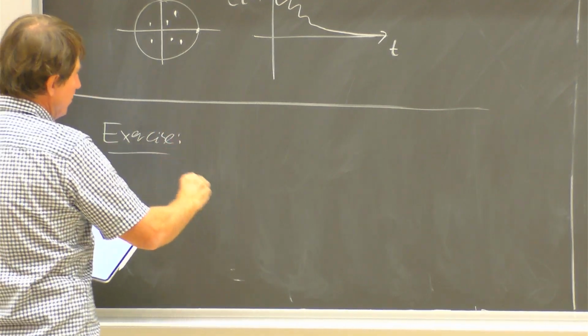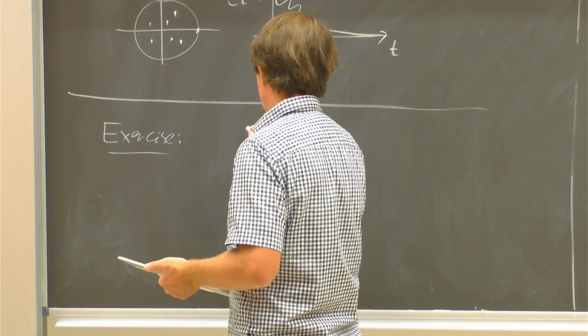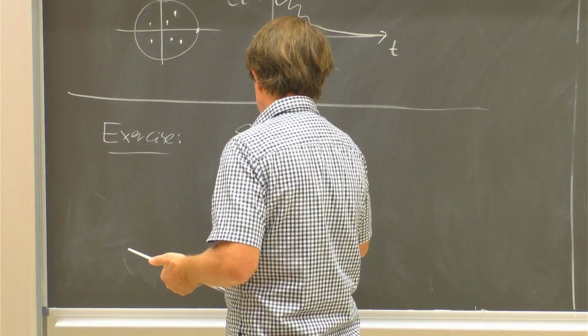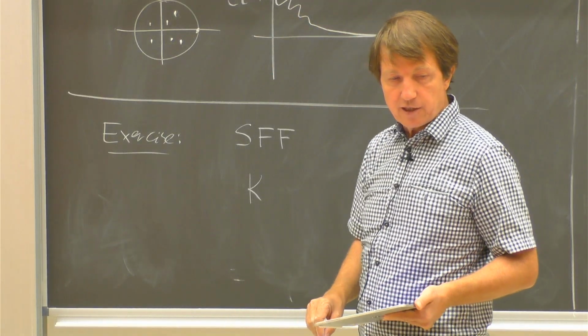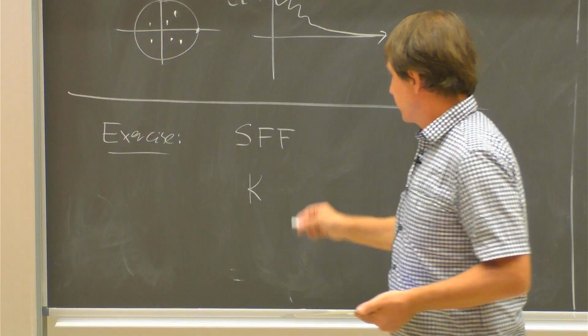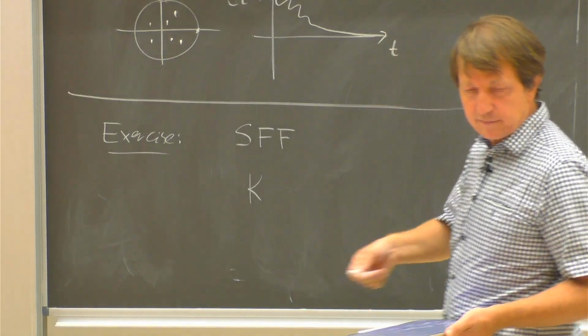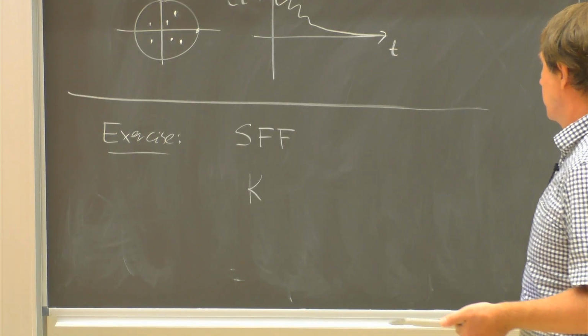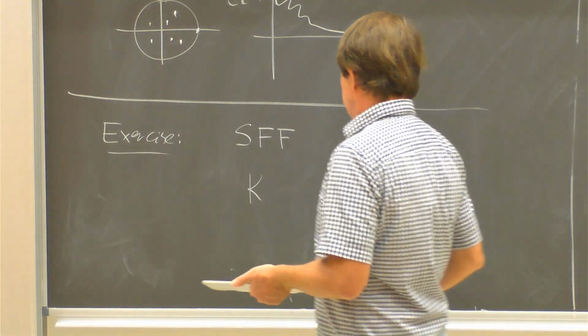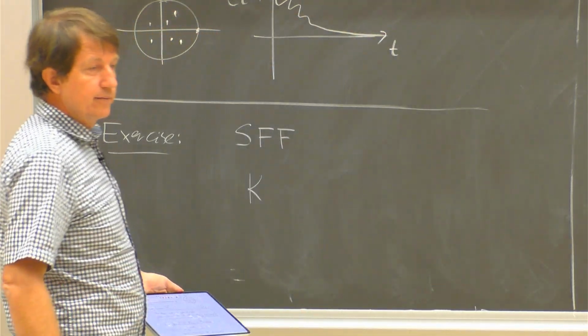Think about how to compute the spectral form factor. Marin already introduced it, but I will repeat its definition, specialized for non-Hamiltonian systems. For Hamiltonian systems, of course, you just take e to the minus iHt, where H is the Hamiltonian, take the trace of this and take the modulus square.